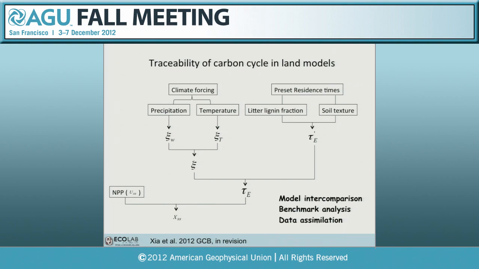The idea was that the simulated ecosystem carbon can be decomposed into a few components, and those components can help to diagnose model structures for model intercomparison, benchmark analysis and data assimilation. We have very successfully studied the residence time part and applied it to the global model. Recently, we were thinking about what would be the simplest approach to decompose the carbon influx.